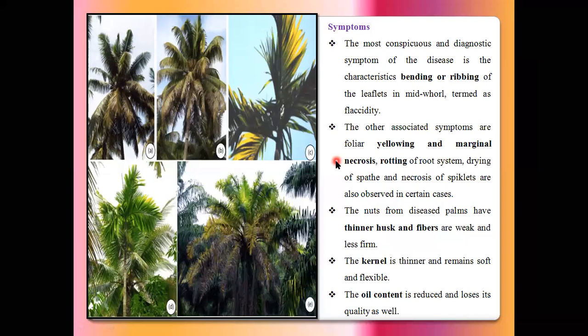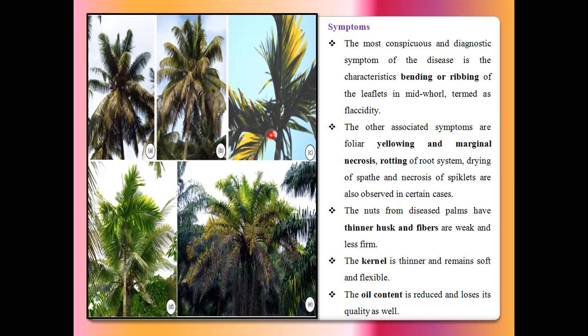Now we go to the symptom points. The most conspicuous and diagnostic symptom of this disease is the bending or ribbing of the leaflets in mid-bark.